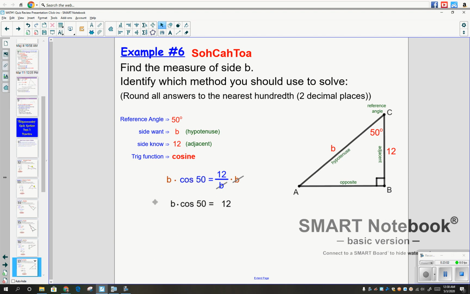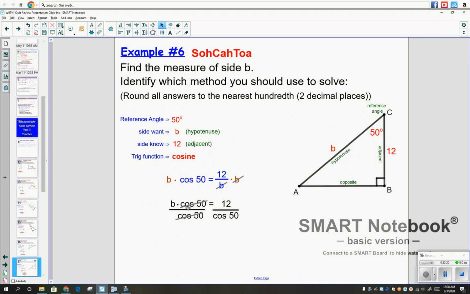I have b times cosine of 50 equals 12. I have gotten rid of fractions. I want to solve for b. I've got to get b by itself. Since I am multiplying that by cosine of 50, the opposite operation is to divide both sides by cosine of 50.